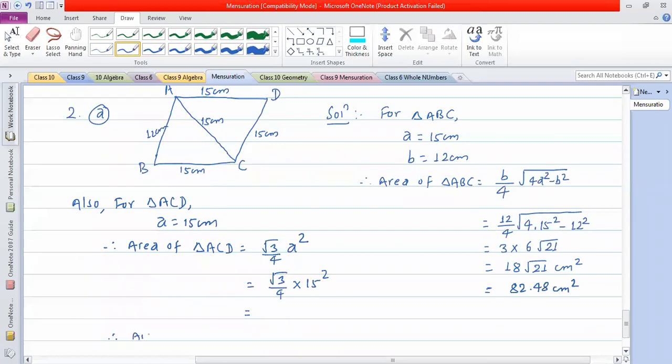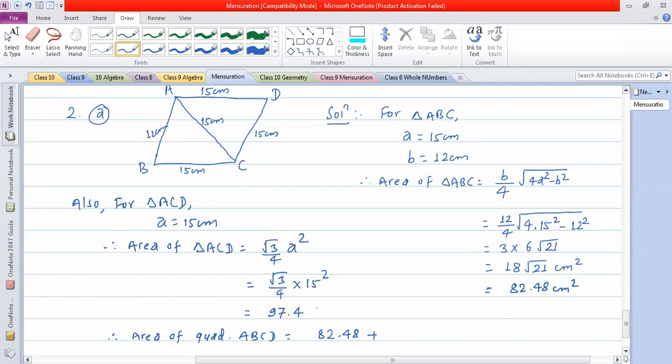Therefore, area of quadrilateral equal to 82.48 plus how much it came? 97.427.